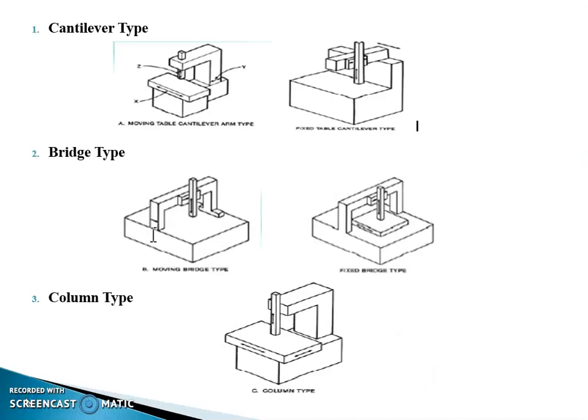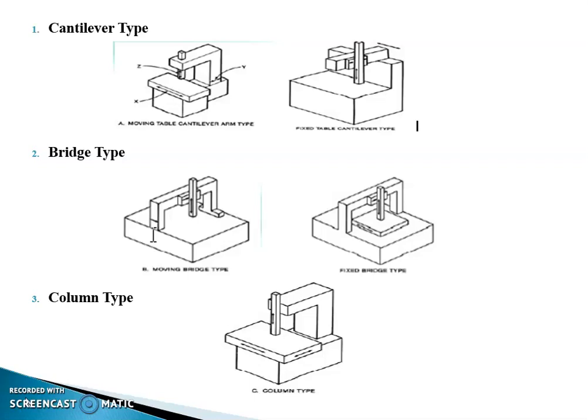In this configuration, the probe is attached to a vertical ram, indicated as the z-axis in the figure, which moves on a cantilever beam, that is the y-axis. This cantilever beam moves along the x-axis, which is perpendicular to both the y and z-axis. The cantilever type CMM is normally limited to small and medium machines.